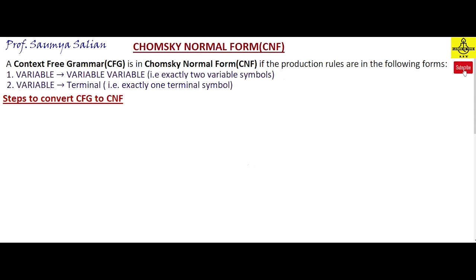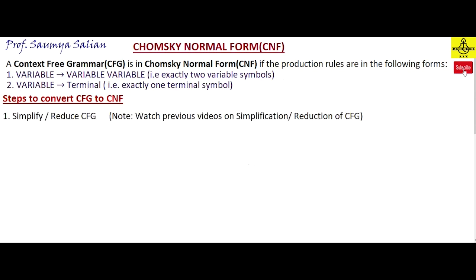Now let's understand how to convert a context-free grammar to Chomsky's normal form. First step is to simplify or reduce the given context-free grammar. We already know that to simplify or reduce a context-free grammar, we have to eliminate null productions, eliminate unit productions, and eliminate useless variables from the grammar. Do watch the previous videos on simplification or reduction of CFG.